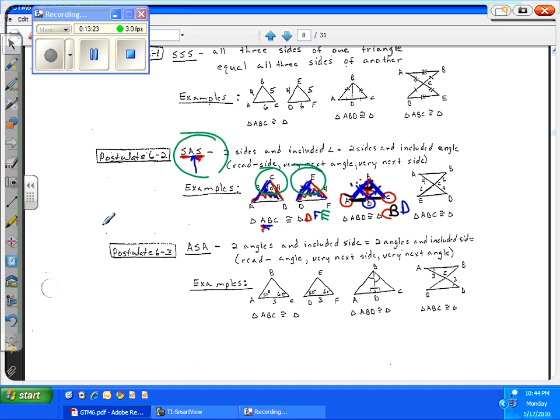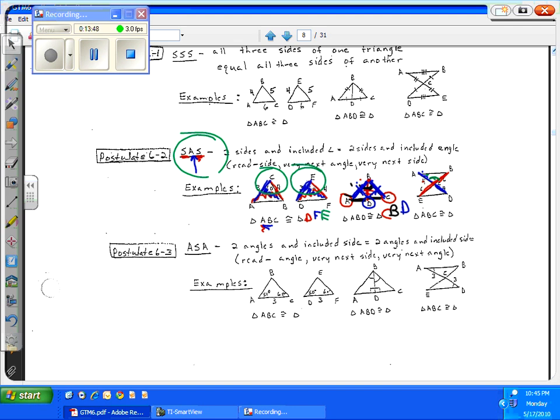When we look at the next example, we've got a side of this one, 4, is equal to a side of this one, 4. Another side of this one, 6, is equal to another side of this one, 6. So we have two sides of one triangle equal two sides of another.